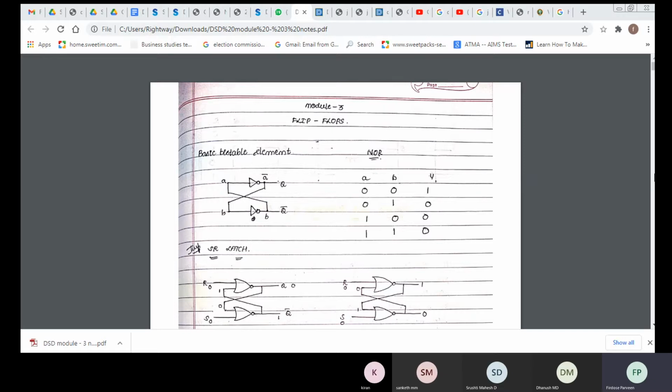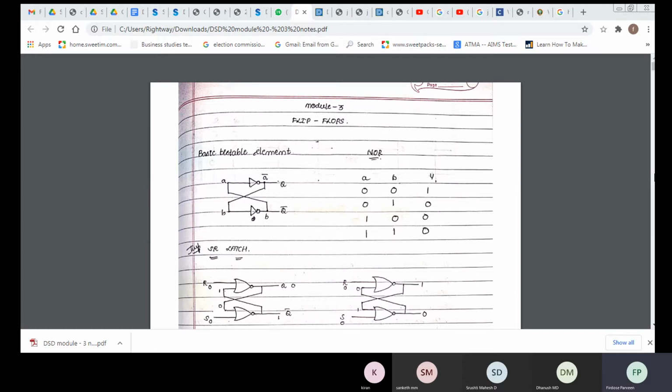For that purpose, some memory will be associated with them. Sequential circuits are of two types, synchronous and asynchronous. In synchronous, you will have a master clock, and in asynchronous, you will not have any clock.